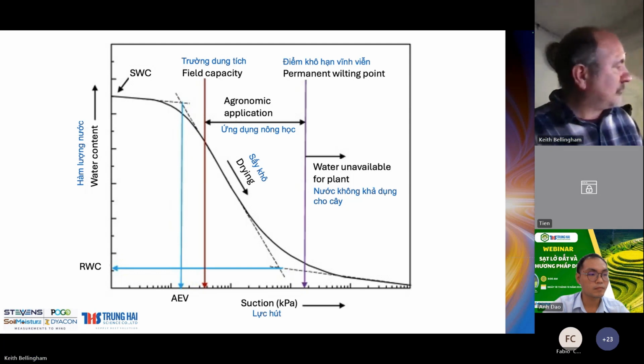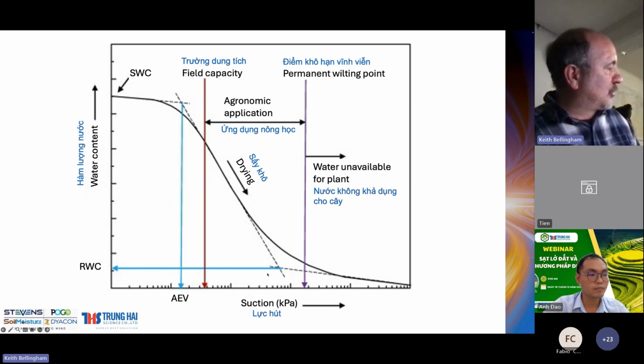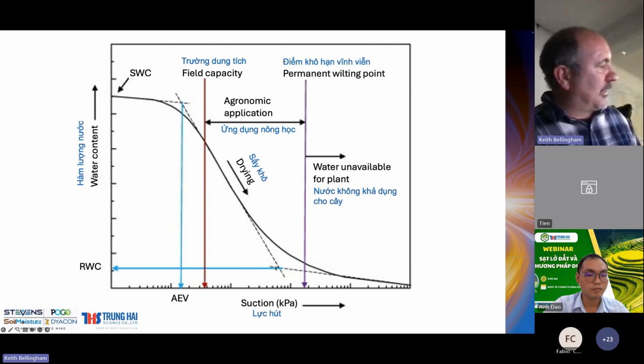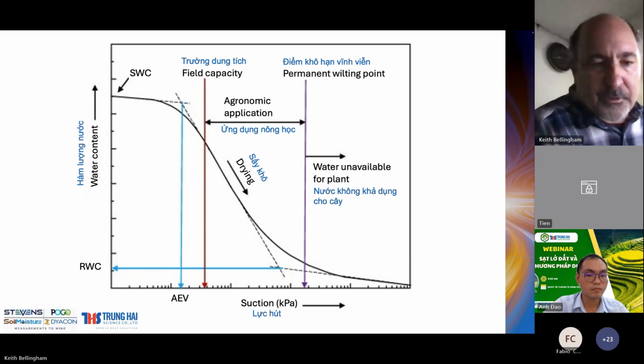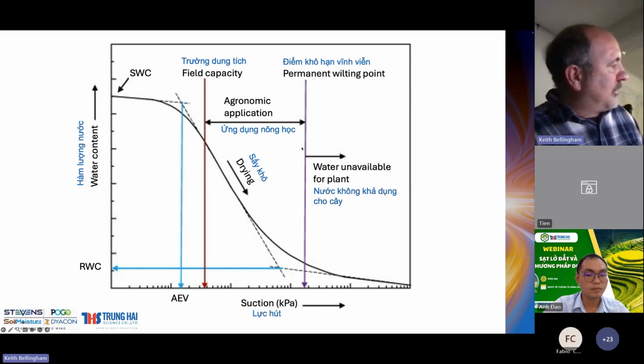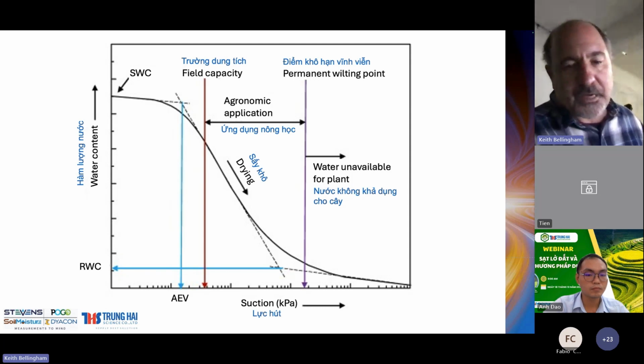And then we have the drying part, and then the soil water residual is the next inflection point. The next slide will show the soil water residual a little better, but the next point on this is the permanent wilting point, which is defined as 15 bar of suction.